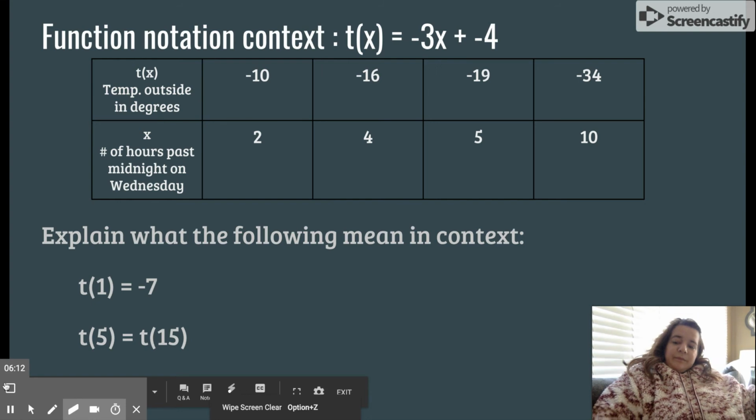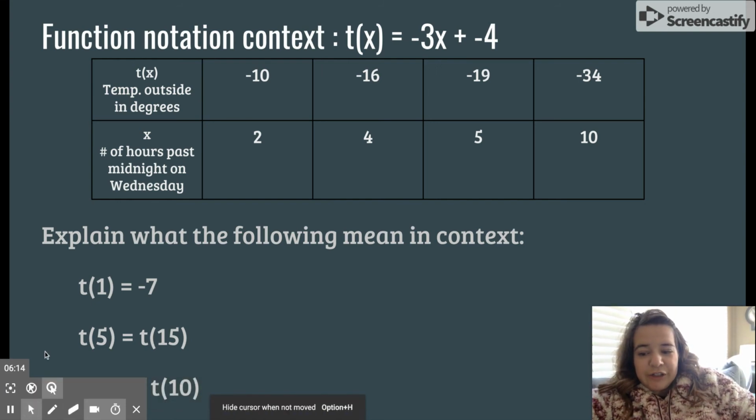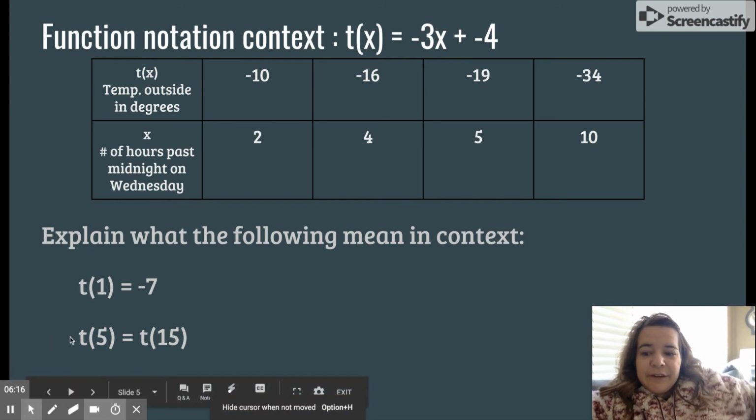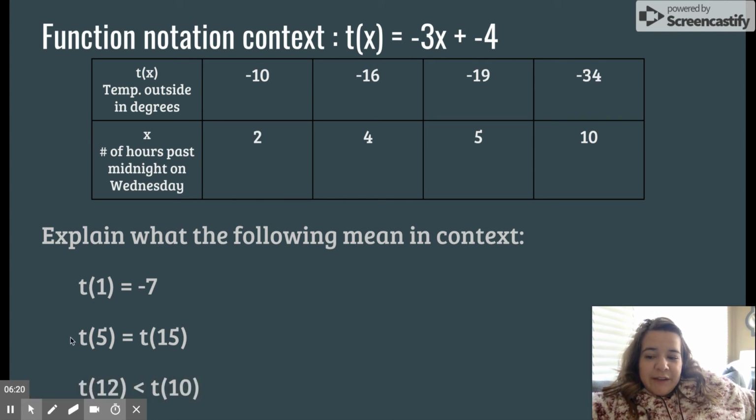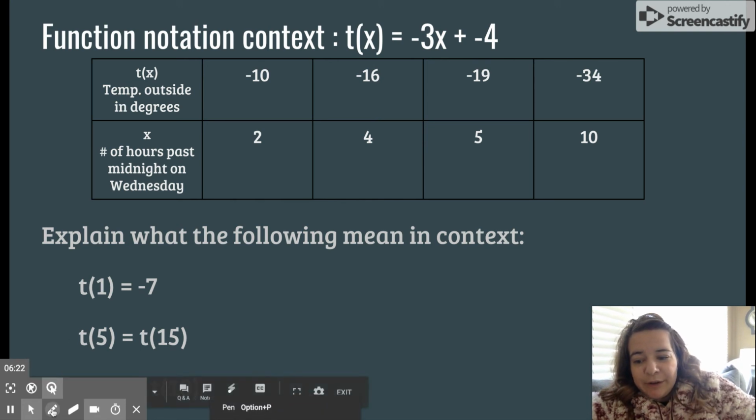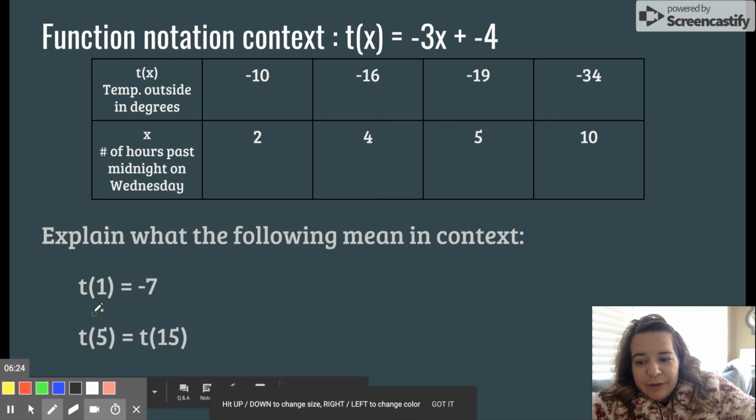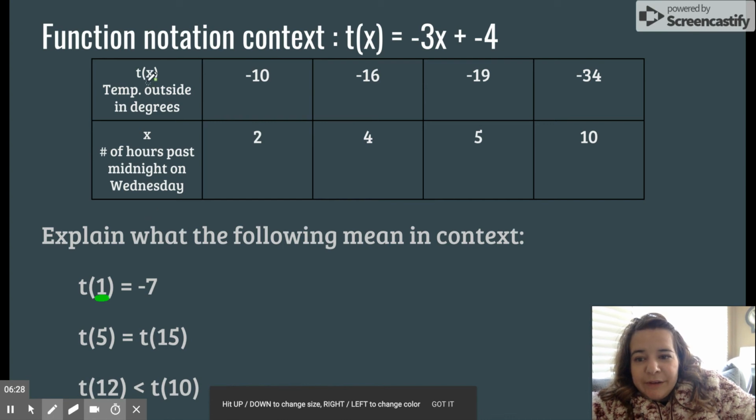Okay. Now for the function notation in context here. So now we're talking about if I get that t of 1 equals -7. Well, 1, you can see, is taking the place of x. And x is hours past midnight.